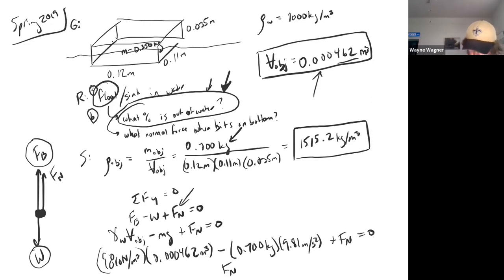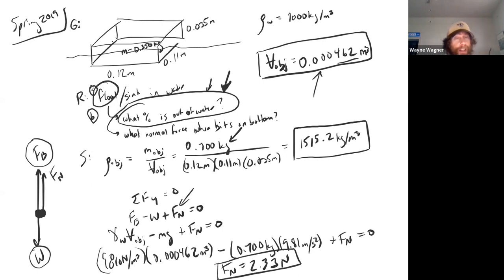And so if you were to solve all of that, you would get, well, let's see, 9810 times 0.000462 minus 0.7 times 9.81. Okay. And we'd get 2.33 newtons, if we go to 3 sig figs.